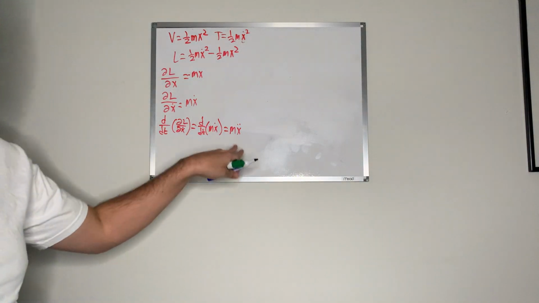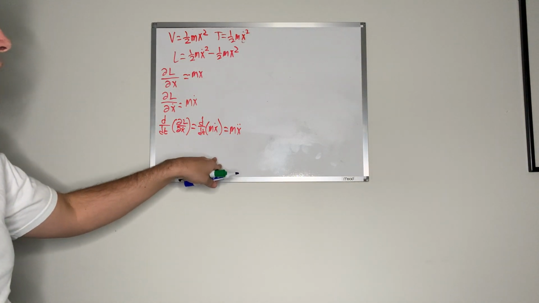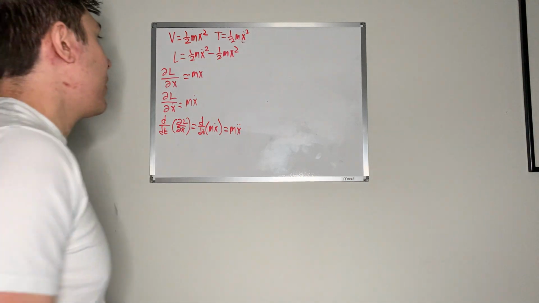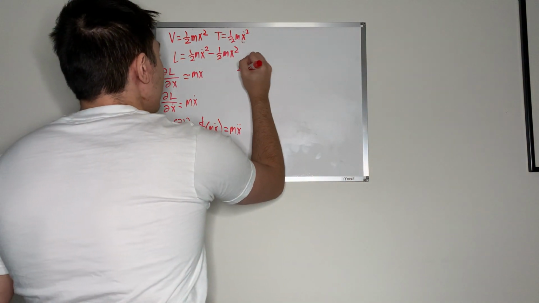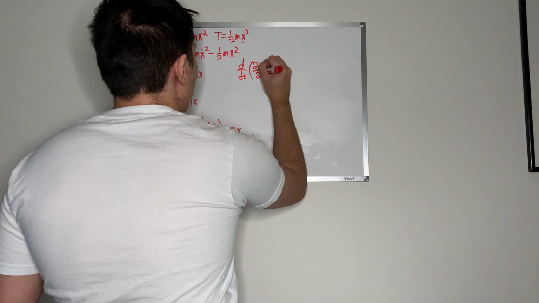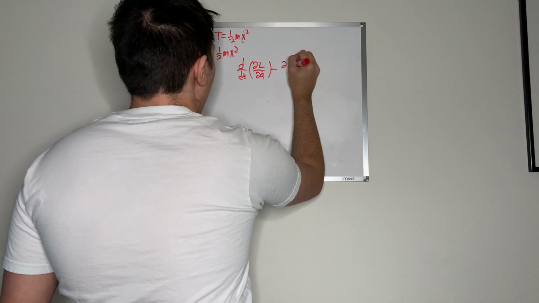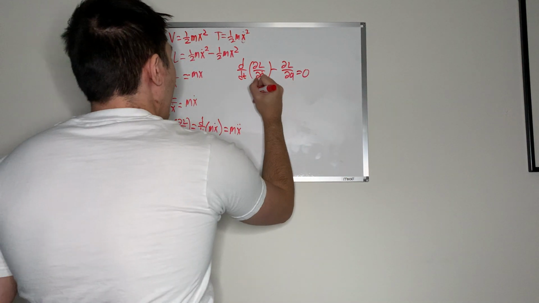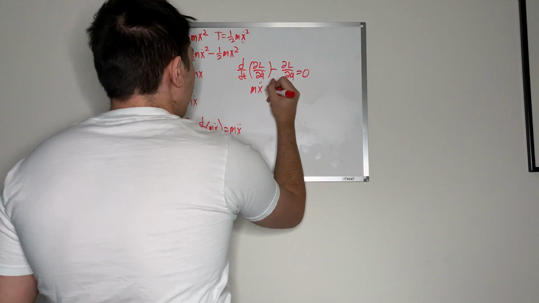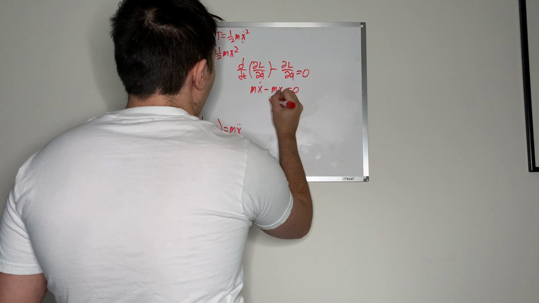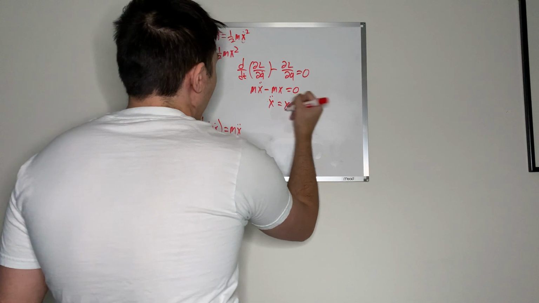This should look familiar to you, right? And so our Euler-Lagrange equations state that d/dt of partial L partial q dot minus partial L partial q is equal to 0, or now we have mx double dot minus mx is equal to 0, or x double dot is equal to x.